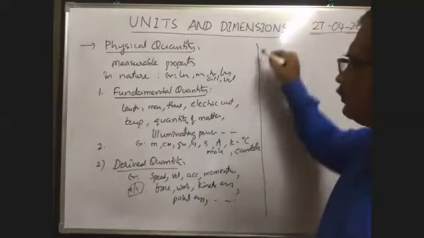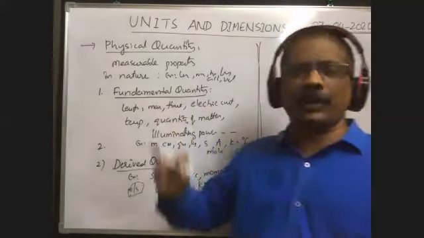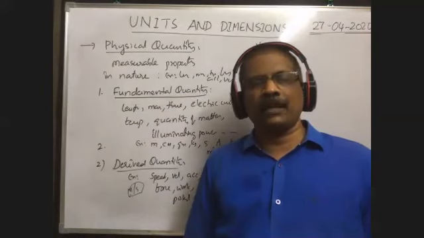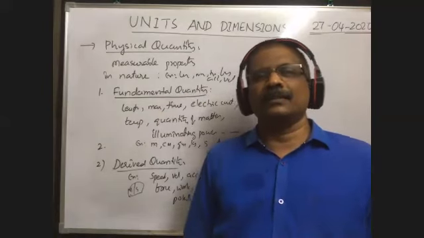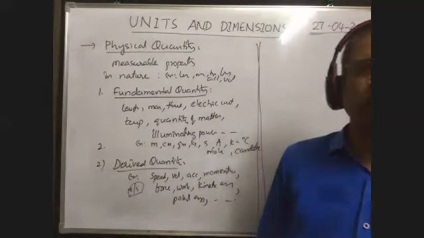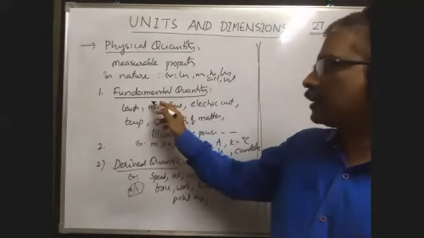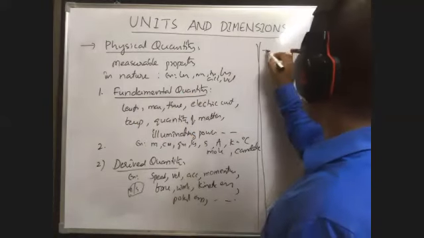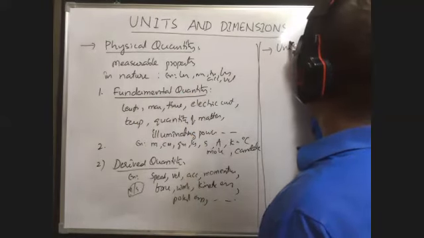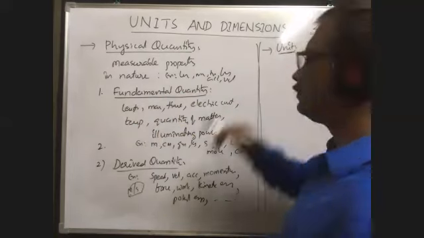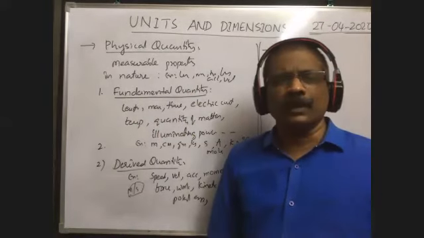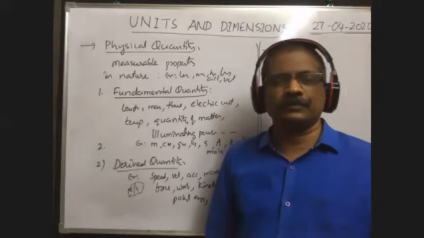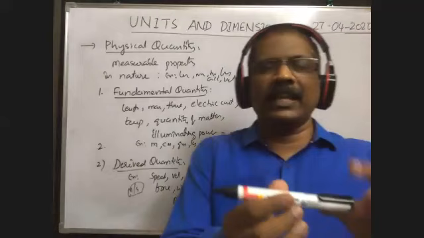Now, in the case of fundamental quantities, different systems are introduced to measure them. To measure the fundamental quantities, we need the unit of that quantity. So what is the unit? Suppose you want to measure the length of this marker.